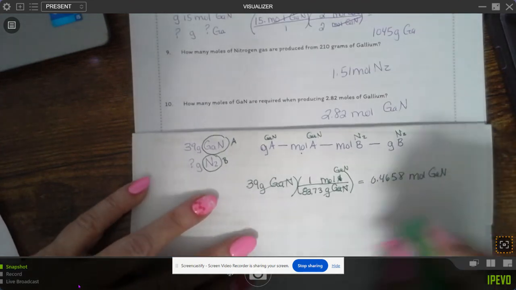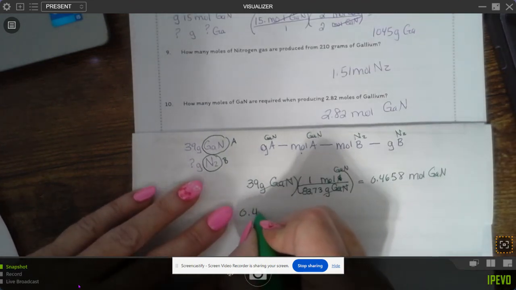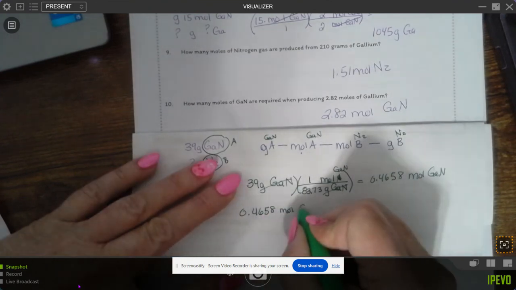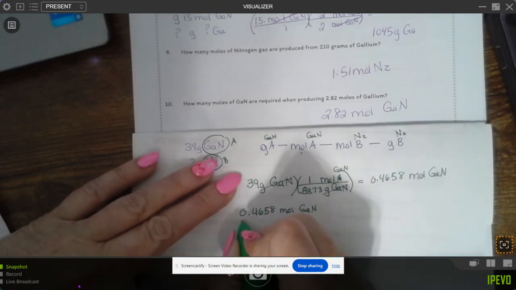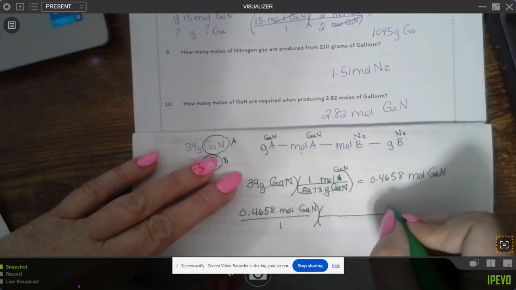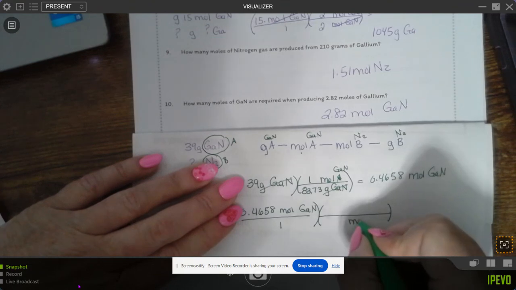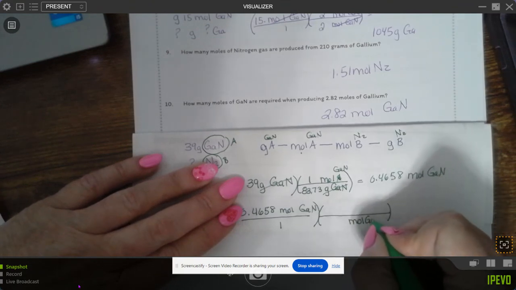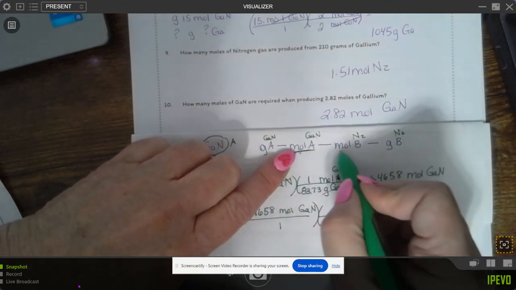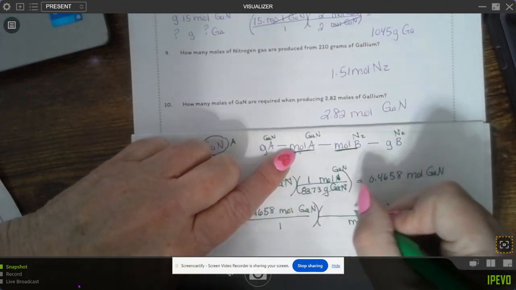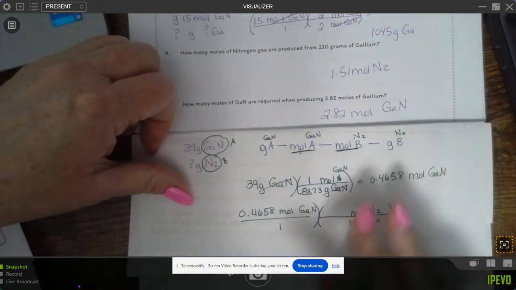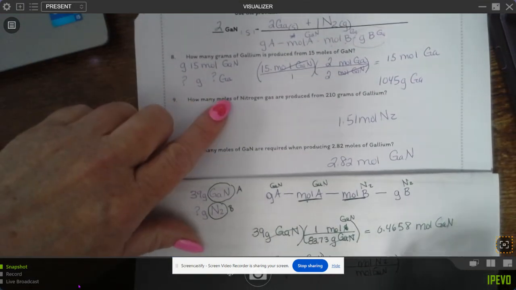Okay, so I'm going to bring that down, 0.4658 moles of gallium nitride over 1. Okay, we want moles of gallium nitride on the bottom. On the top, we want moles of B, so moles of N2. Okay, this is where we use our balanced chemical equation.